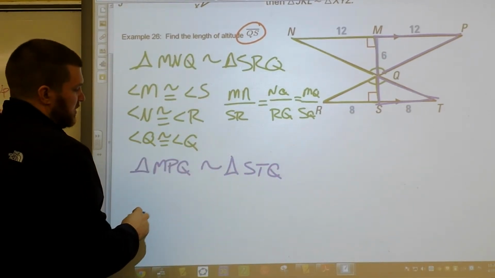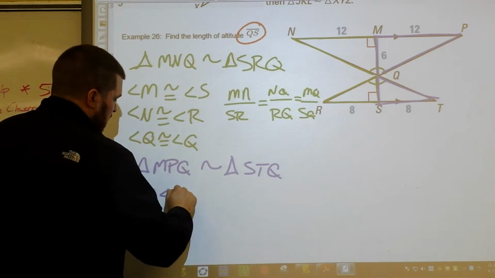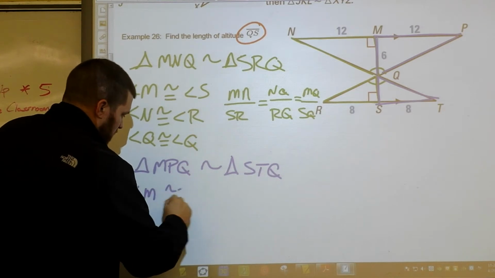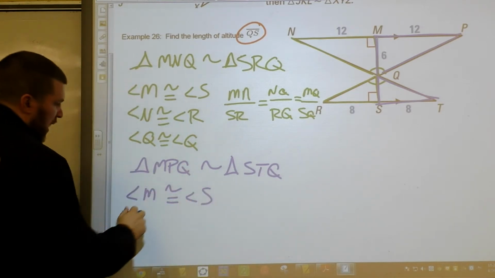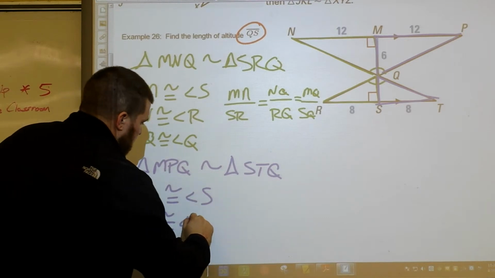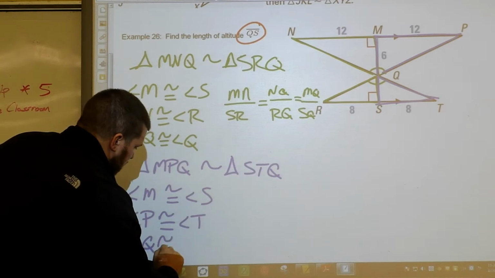And I know that angle M is congruent to angle S. Angle P is congruent to angle T. And then angle Q is still obviously congruent to itself.